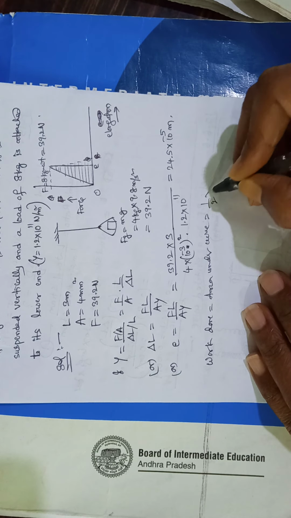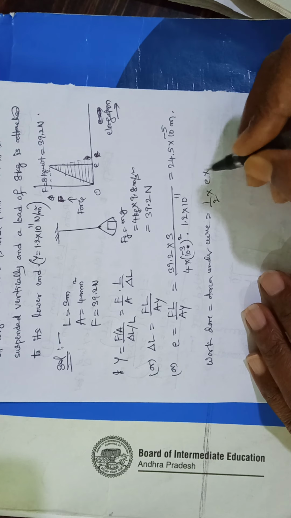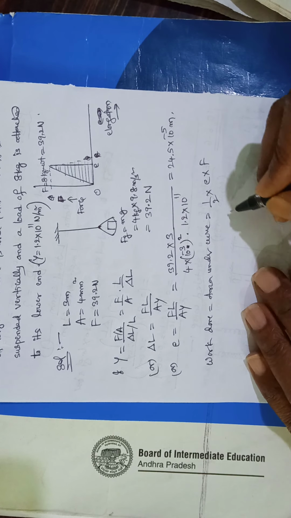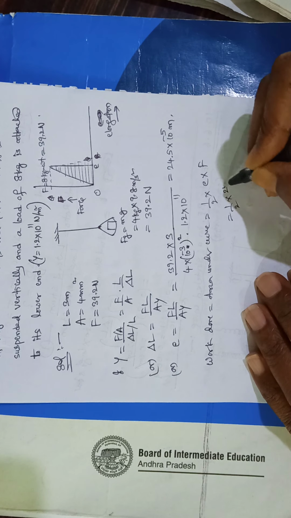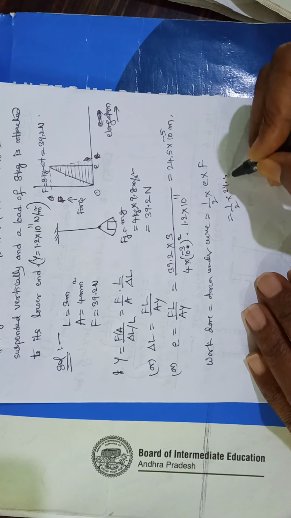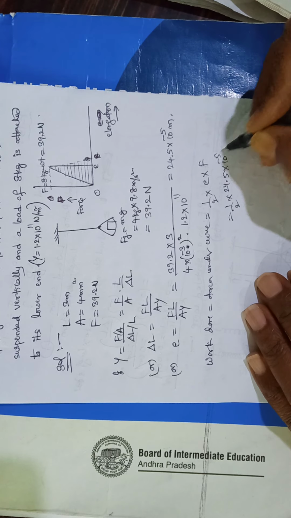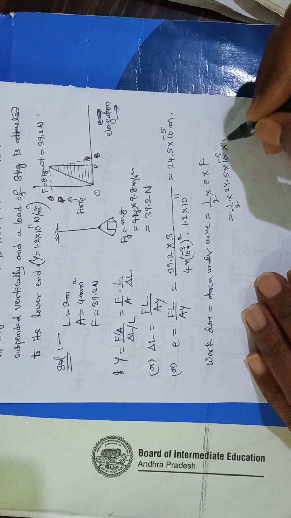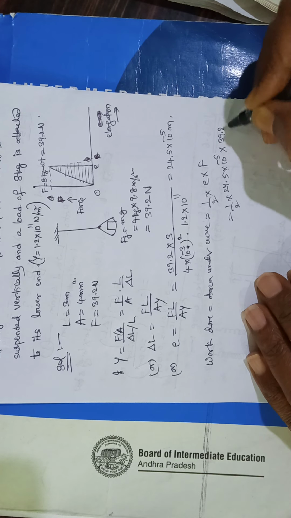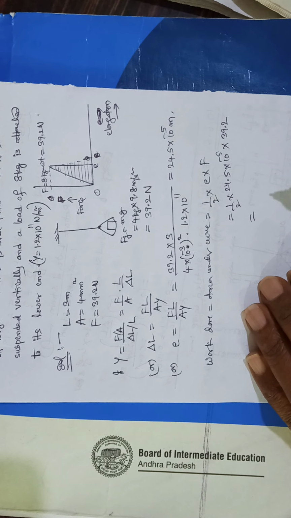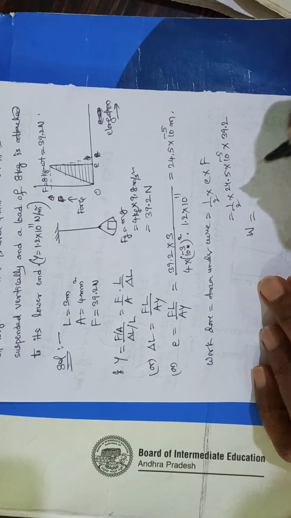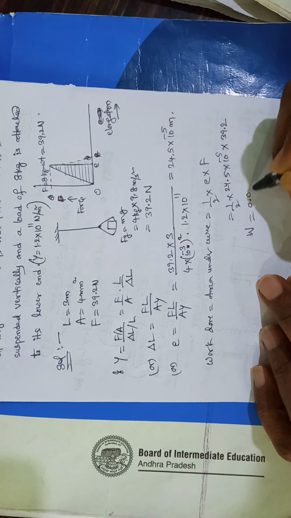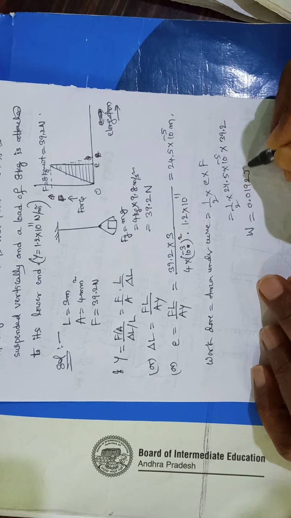So half into base into height, that is equal to half into elongation 24.5 into 10 power minus 5, and height is 39.2. So we get the work done as 0.0192 joules.